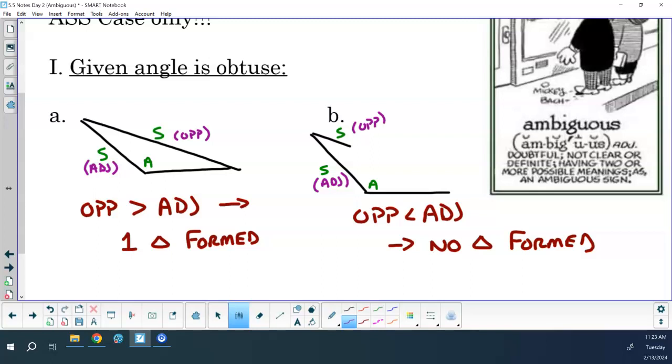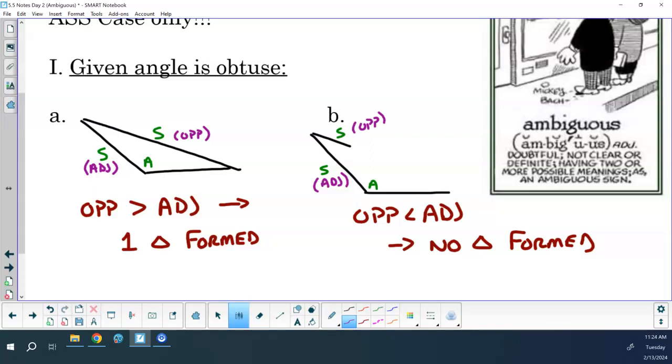The longest side in a triangle has to be across from the biggest angle. You just told me that we can only have one obtuse angle. So if the angle that's given is obtuse, and the side that it's across from is shorter than another side in the triangle, it can't happen. Okay?